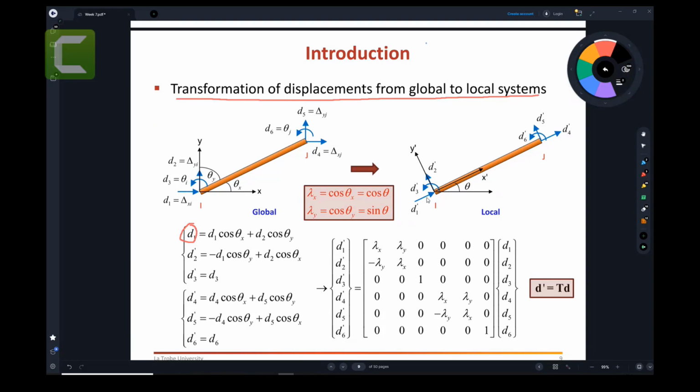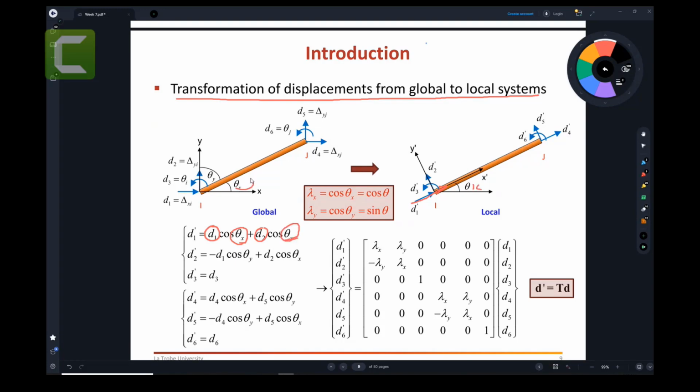Local displacement means these points can locally go this way, like it can squeeze like this. So when you want to find this local displacement D1 dash, it has a relationship with this global D1, global D2, and it has a theta X and theta Y relationship.